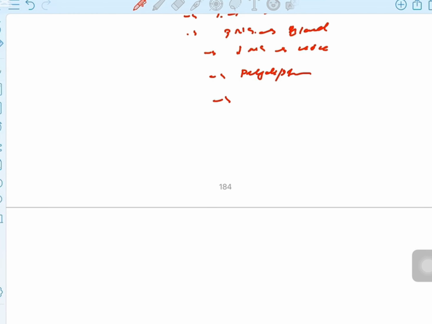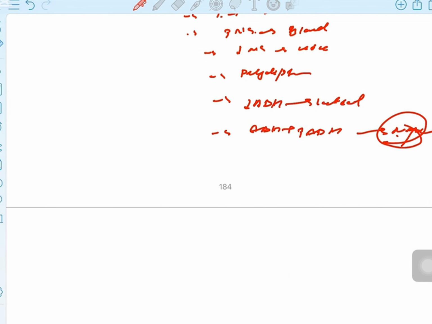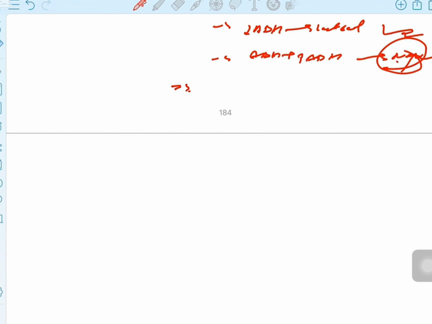If the person has a low level of antidiuretic hormone production, it is central diabetes insipidus. If the person has a normal or high antidiuretic hormone, the problem is with the kidney, nephrogenic diabetes insipidus. Hypercalcemia can cause nephrogenic diabetes insipidus, hypokalemia can cause nephrogenic diabetes insipidus.